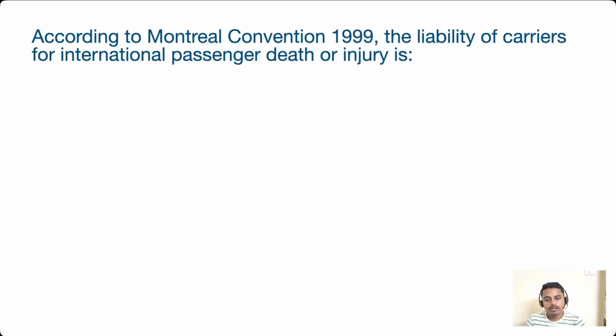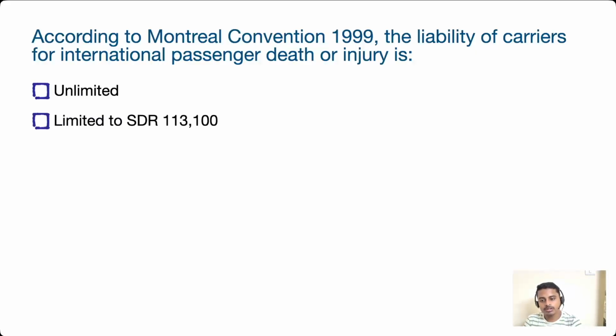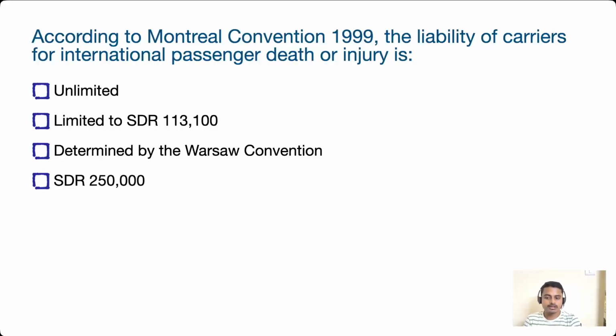According to the Montreal Convention of 1999, the liability of carriers for international passenger death or injury is unlimited, limited to SDR 113,100, or determined by the Warsaw Convention, or is it SDR 250,000?